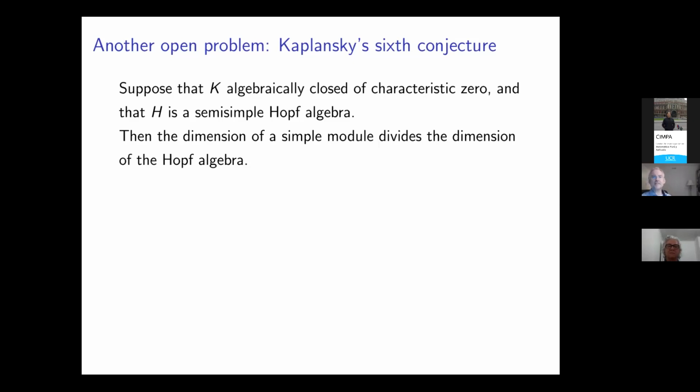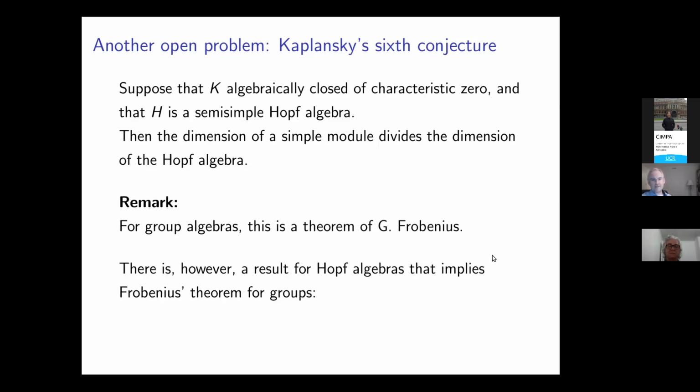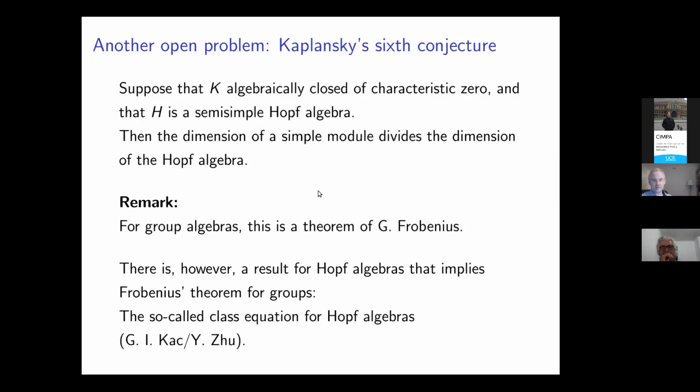Remember that this is the case for groups. For group algebras, this is a theorem of Georg Frobenius. But it's not clear whether this straightforward generalization of Frobenius' theorem is the right one, because there is a result for Hopf algebras that would imply Frobenius' theorem for groups. So there is a generalization, but it's not this one.